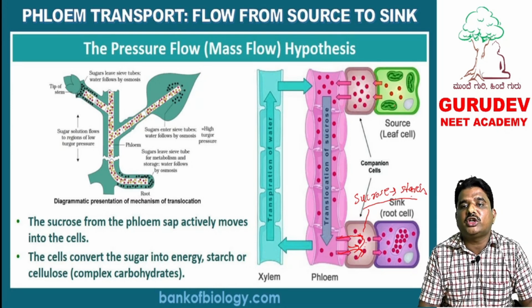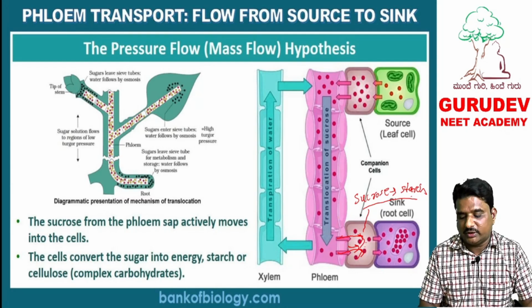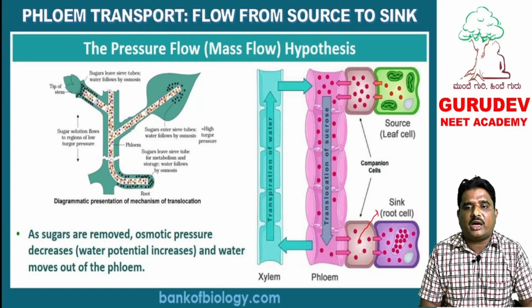In the source, food is continuously prepared. In the sink, food is continuously stored or utilized. That's why food continuously moves from source to sink in the form of mass, by pressure gradient difference. That's why it is called the pressure flow hypothesis or mass flow hypothesis. Once starch is removed from this, water potential here increases.